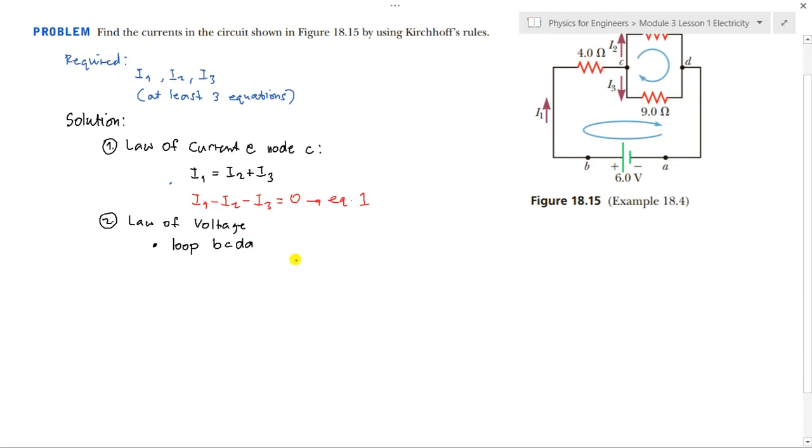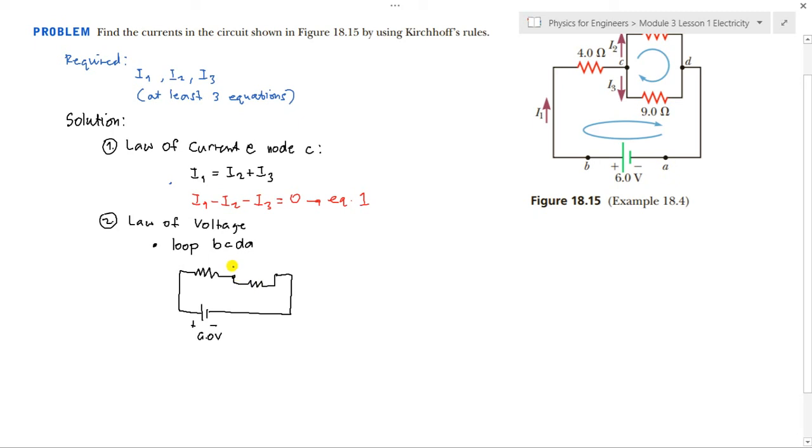Again, let's extract it, it becomes a figure like this. So, this is loop BCDA. Here, this is positive, negative. This is 6 volts.